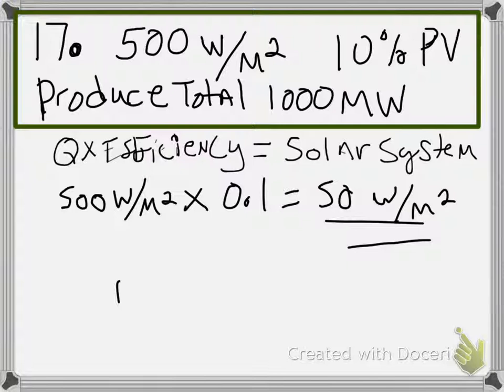But the problem wants me to figure out how much space I need to install something that's going to produce 1,000 megawatts. So that's 1,000,000 watts in the system. Keep in mind the solar cell is producing 50 watts every meter squared.